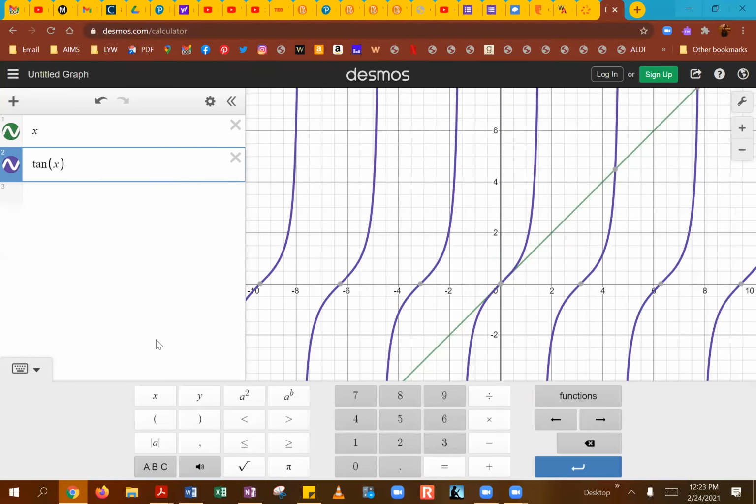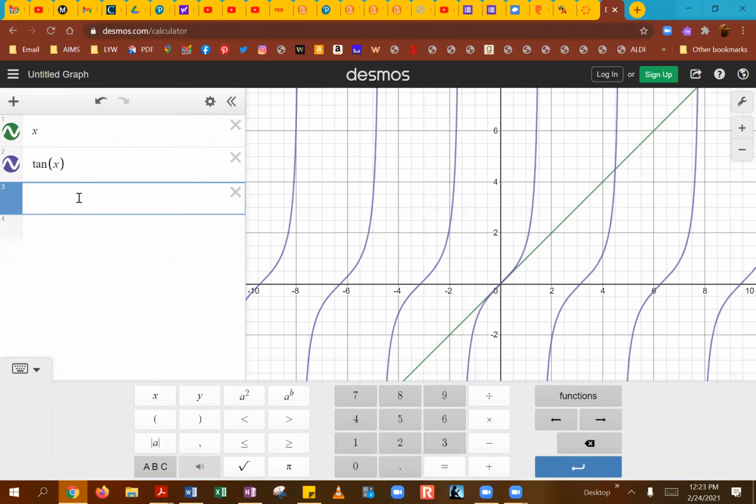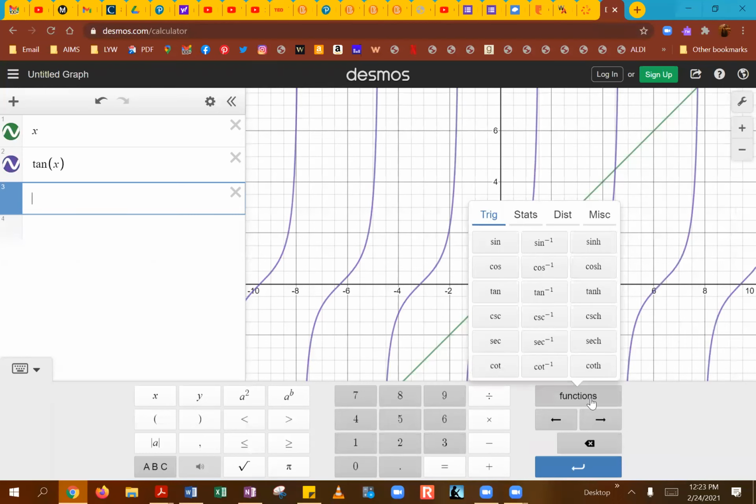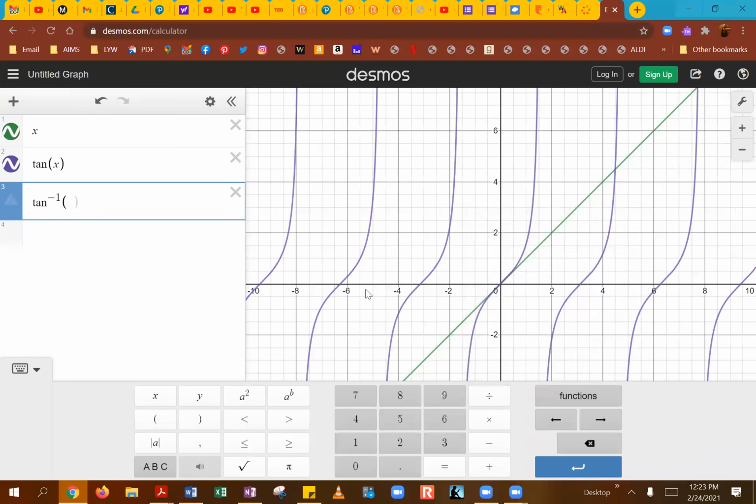So you can see how our tangent function is, right? And we had, of course, seen this when we were graphing this by hand also. So your tangent function comes out to be these repeating lines. And then let's do our arc tangent, which will be tangent inverse of x.